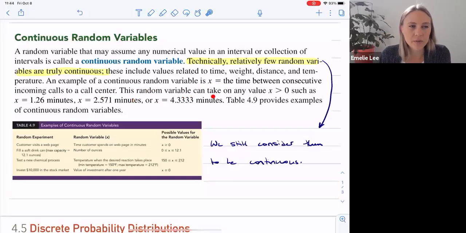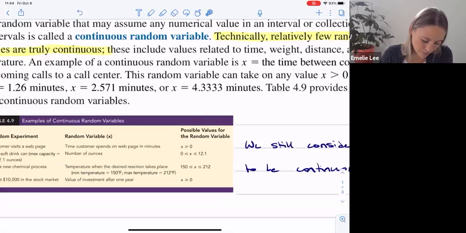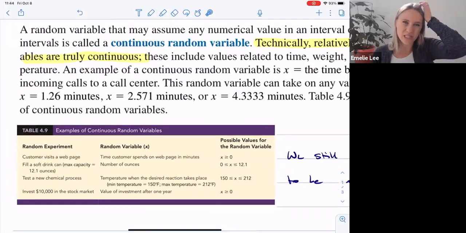So the random variable can take on any value greater than 0, such as 1.26 minutes, 2.571 minutes, or 4.3333 minutes, right? We could measure it to some extreme precision, but we usually don't. But we understand that it's on a continuous scale.